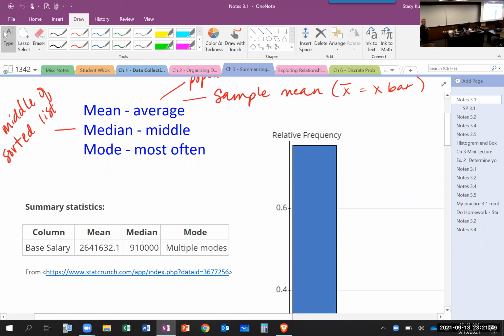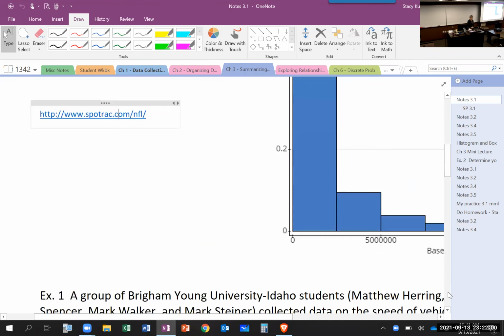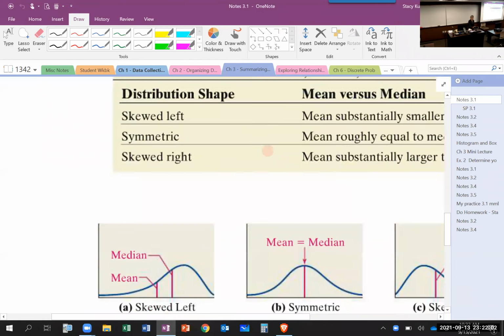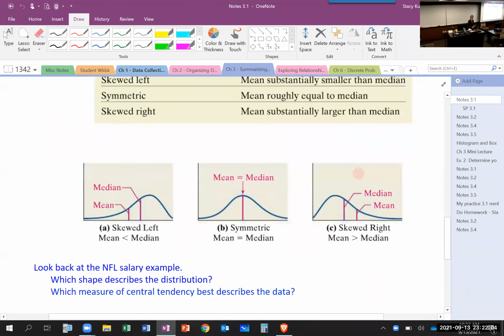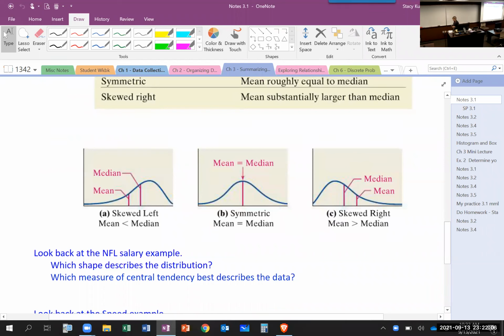If the mean and the median are equal, I'll just take it down here, this is on the back of your paper, if you have a distribution that is normal, then the mean and the median are equal. Now, again, this is the perfect math world that you would want it equal.